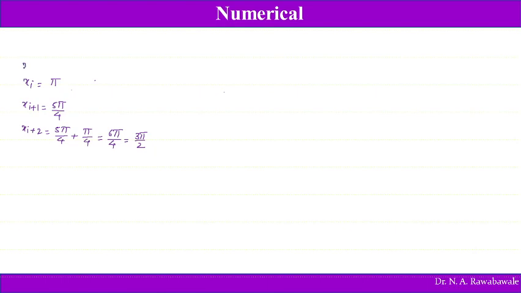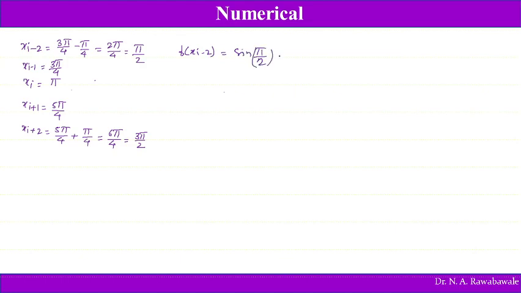Now xi minus 1 is equal to 3 pi by 4, and xi minus 2 is equal to 3 pi by 4 minus pi by 4. So minus pi by 4 means this is going to be 2 pi by 4, that is pi by 2. So now we find f of xi minus 2, which is nothing but sine pi by 2.